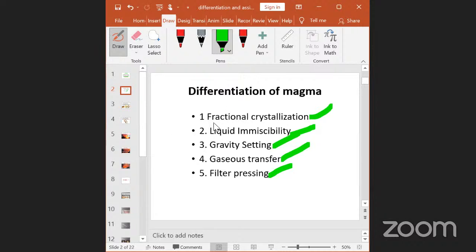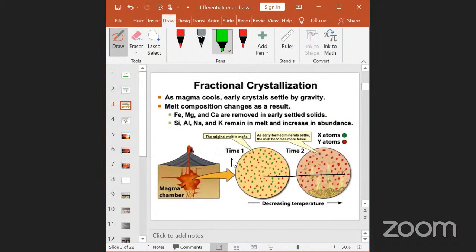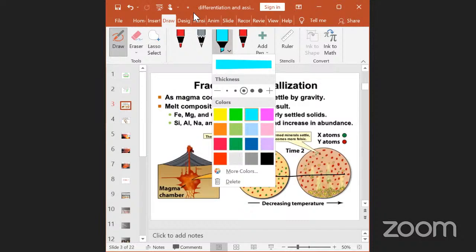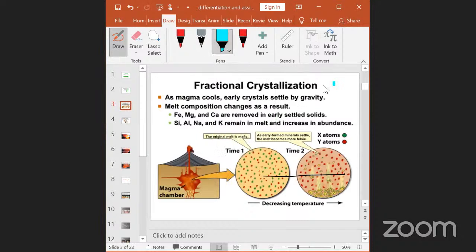First one is fractional crystallization. As magma cools, early crystals settle by gravity and the melt composition changes as a result. As soon as magma starts crystallizing, the drift begins.